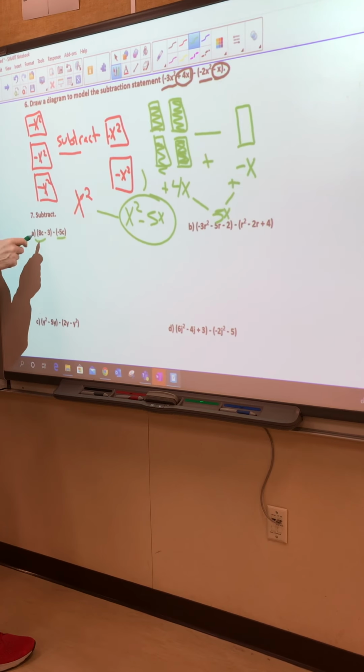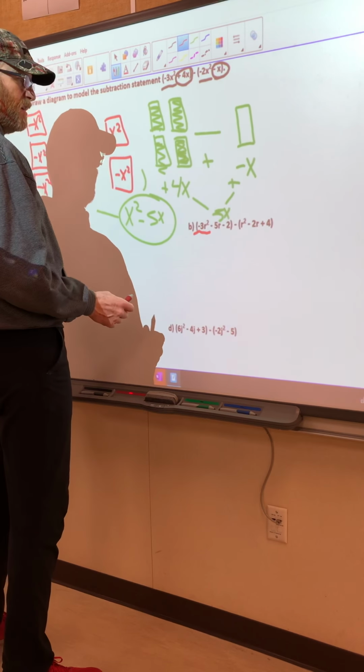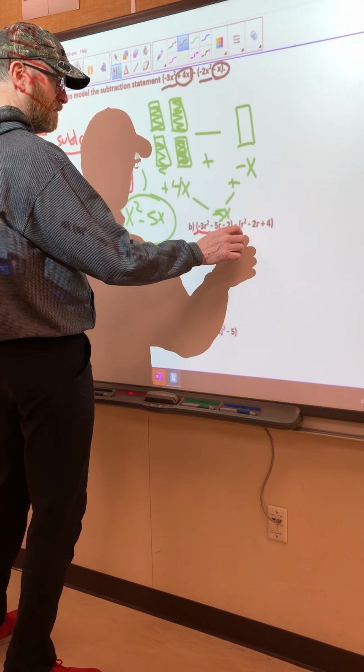I'll do a little tiny bit of erasing here so that we can see if that's a 5 or not. All right. Negative 3r squared. There's another r squared. Take away one more. Negative 4r squared. Negative 5r.